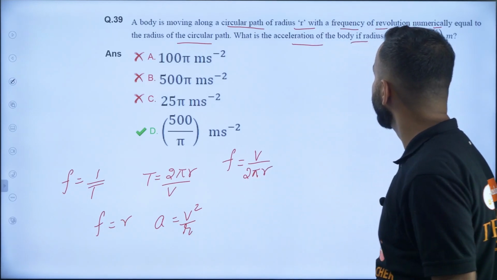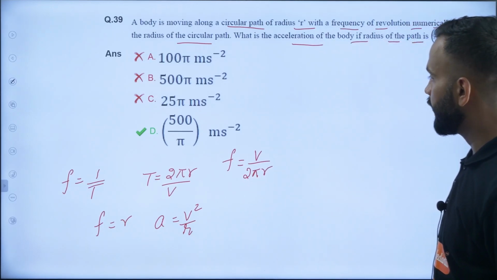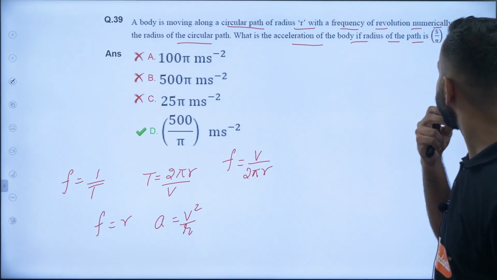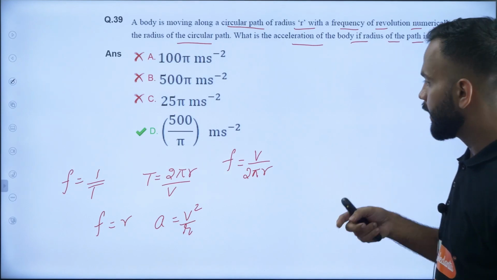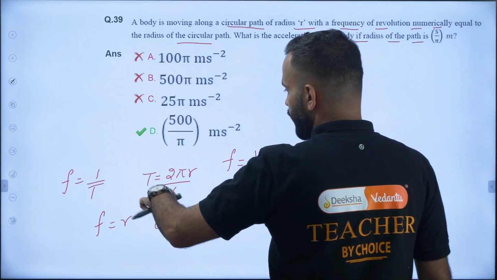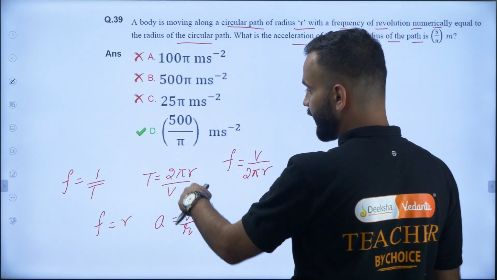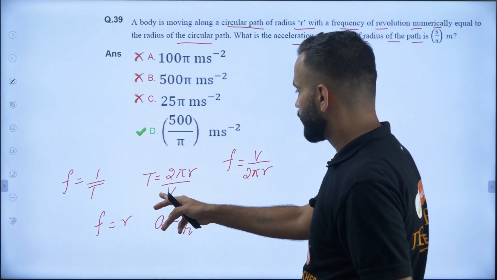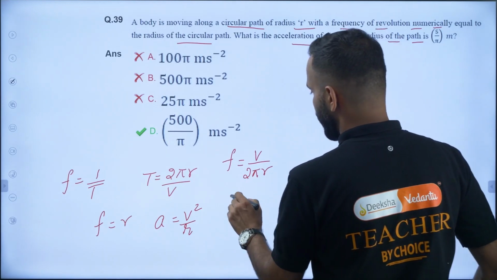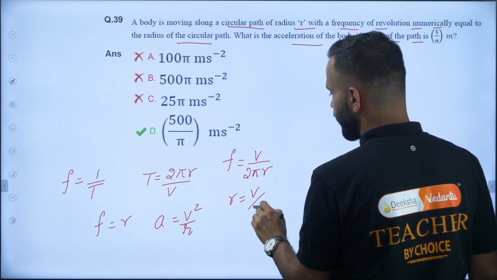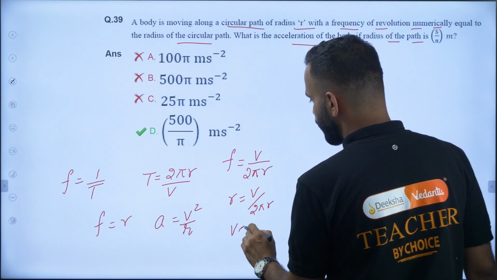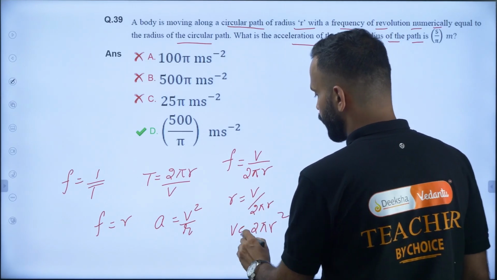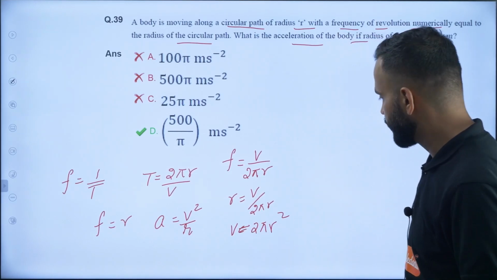So frequency equals r, and r is equal to v divided by 2 pi r. So v is equal to 2 pi r square.